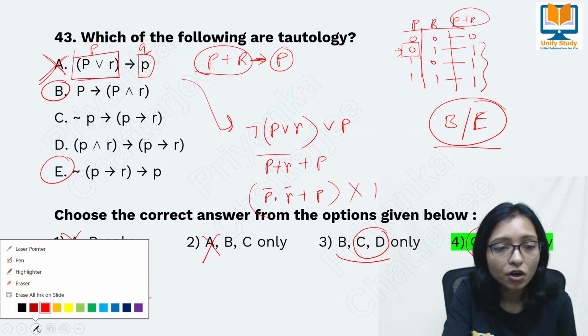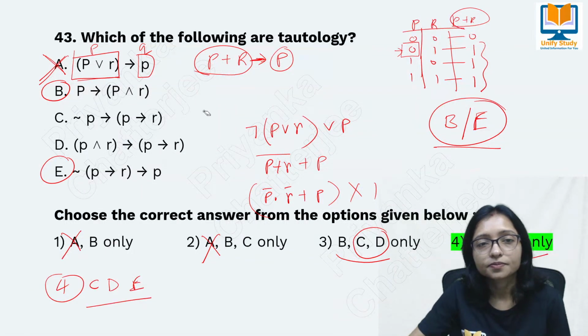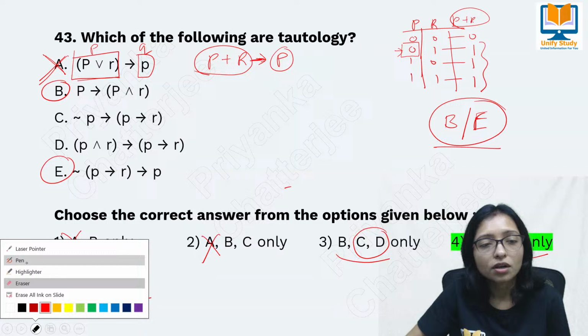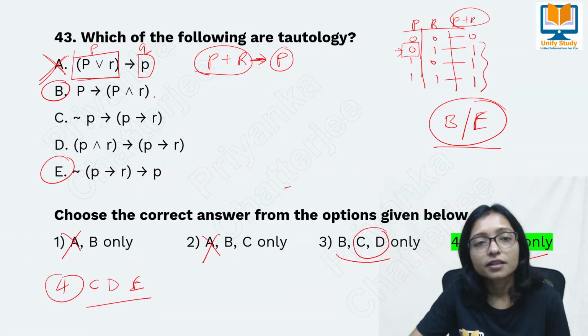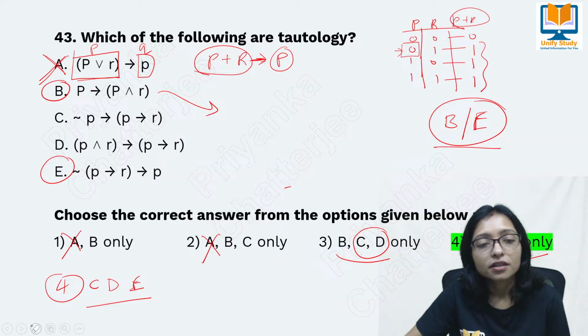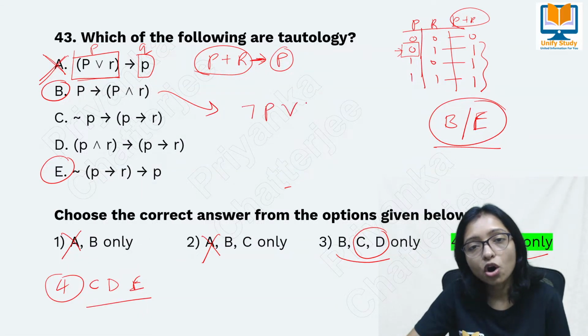What is coming for B? Let's see. Here only I will solve B, then you will understand. If I am solving B, then it is P or P, same way you need to think. This is not (P or P and R).